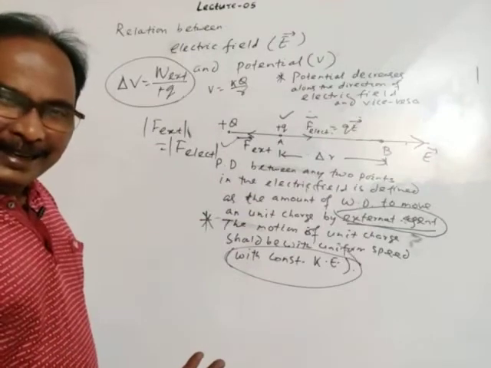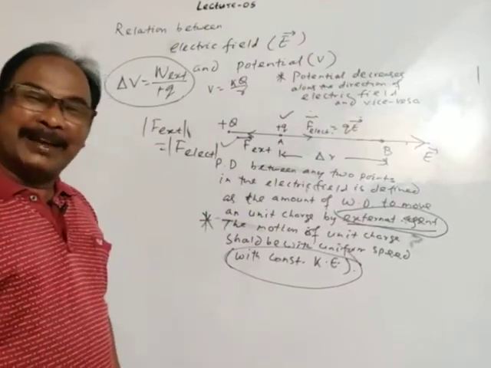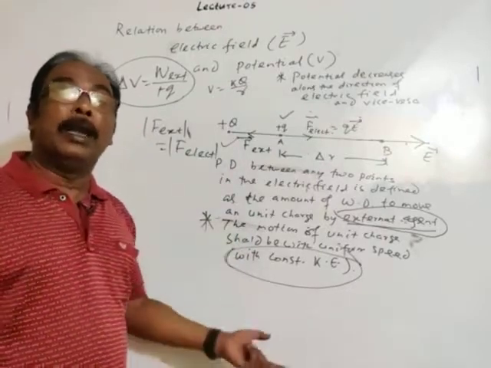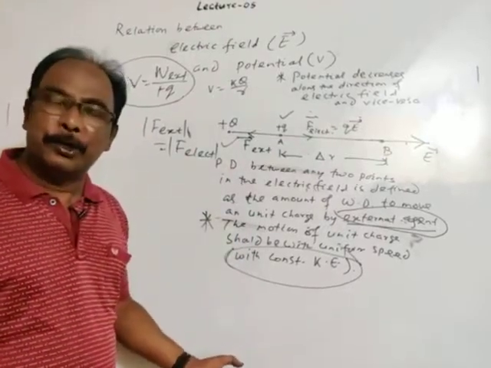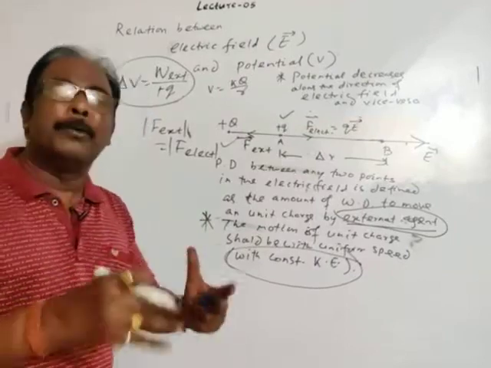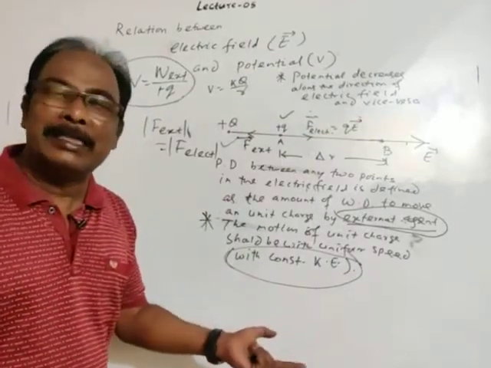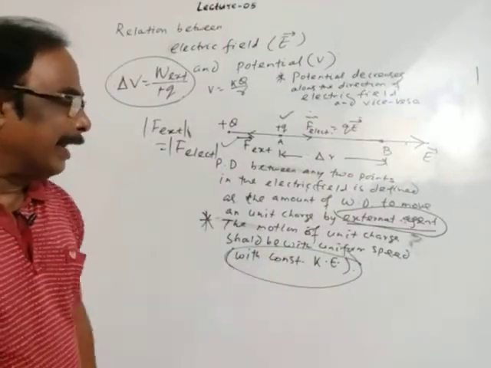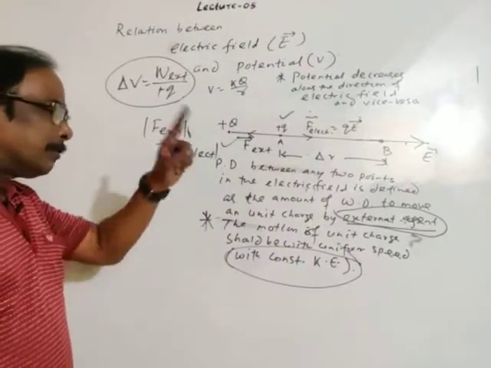Work is equal to potential energy only, without change in kinetic energy. Work is only change in potential energy. Means total amount of work will be in the form of potential energy only and only. So we have to keep kinetic energy constant. This is the basic principle.